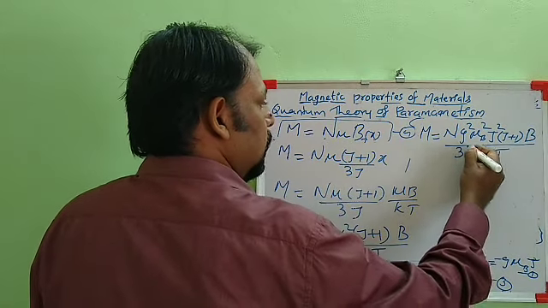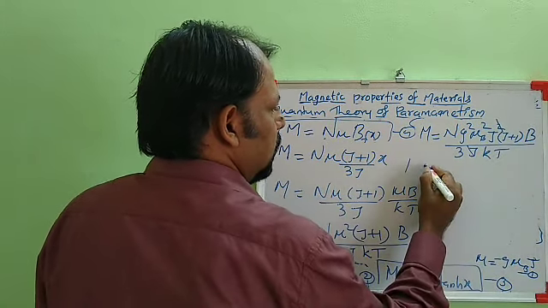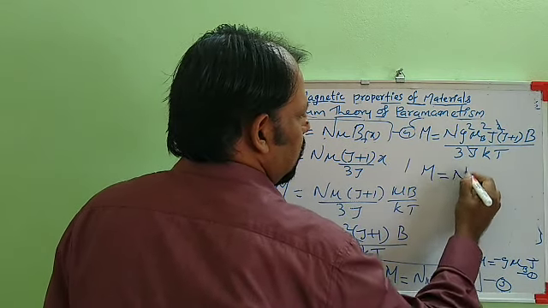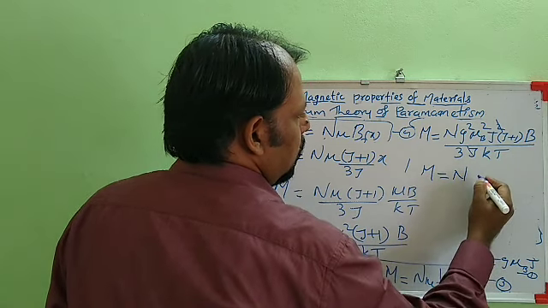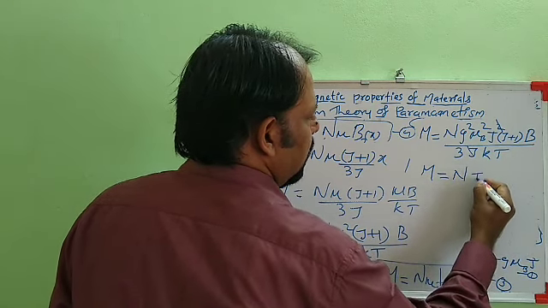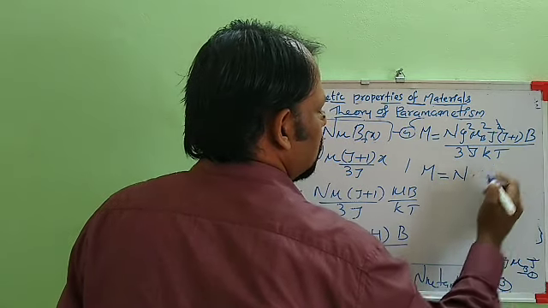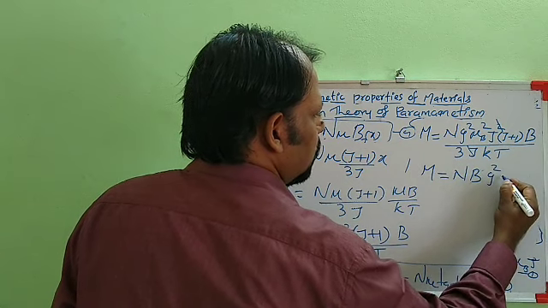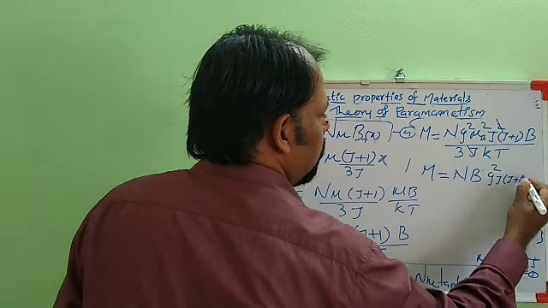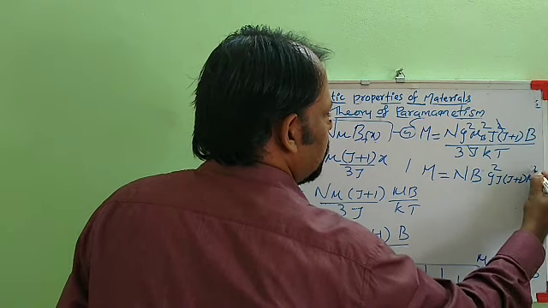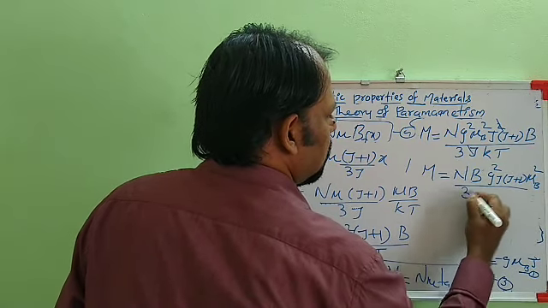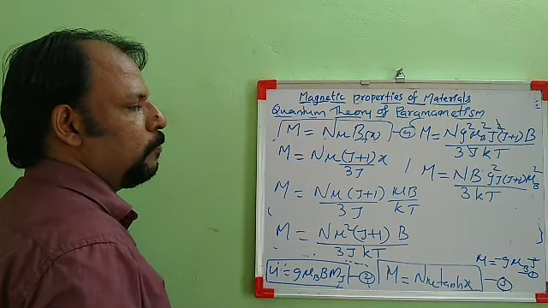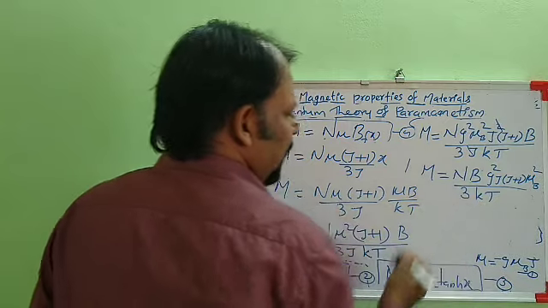This j and j square will get cancelled. Then we can write the magnetization as n B g square j into (j+1) mu_B square divided by 3 kT.